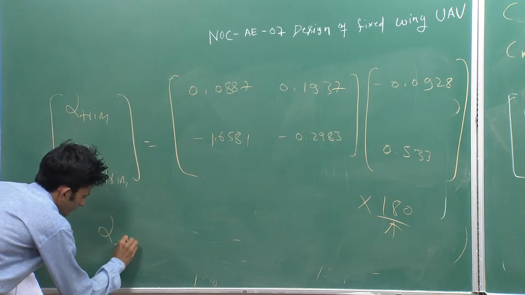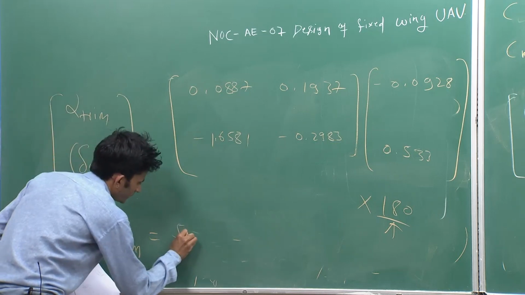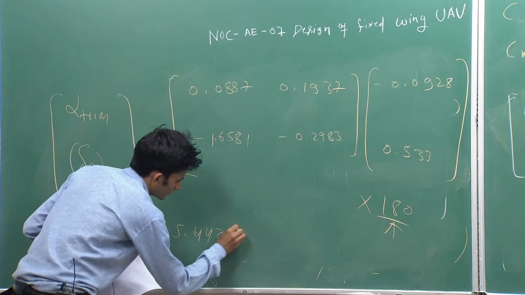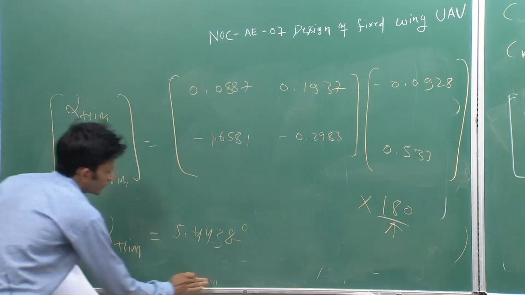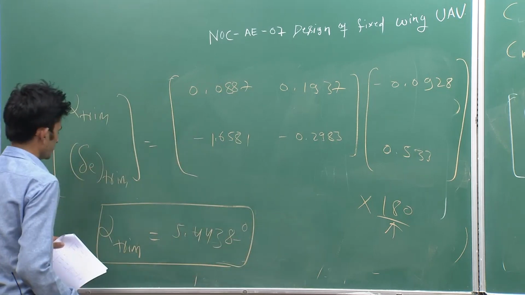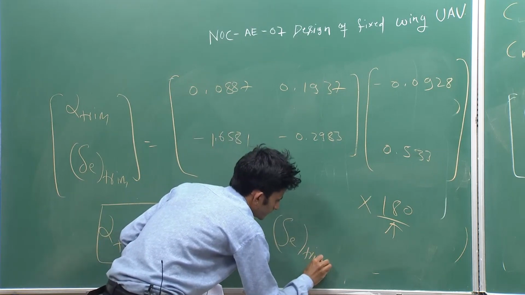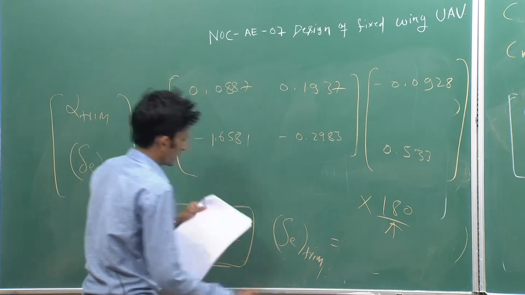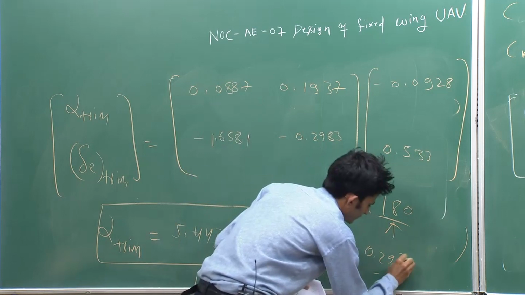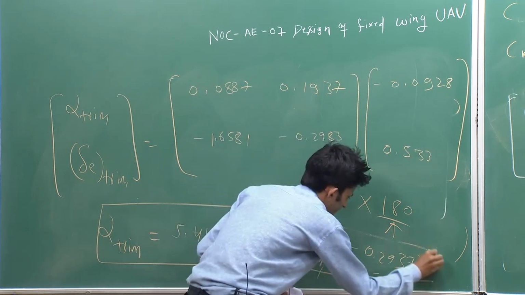Alpha trim, the angle of attack, is nothing but 5.4438 degree. This is your answer to the 9th question. And delta E trim will be minus 0.2937 degree. This is your delta E trim.